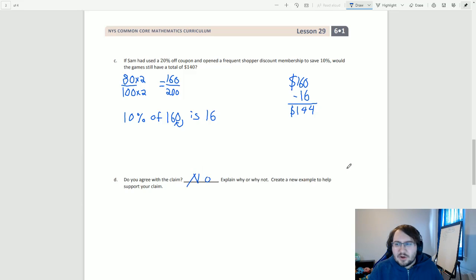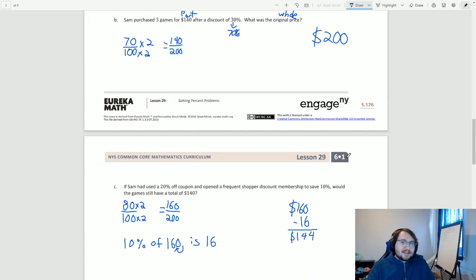Now let's think. Why weren't they the same? The reason why it's not the same to take 30% off of the original and then take 20% off and then 10% off of the new one is because the 10% that I'm taking off here isn't off of the original anymore.